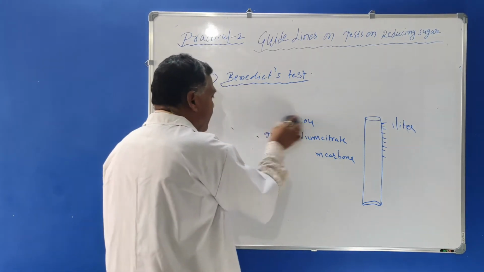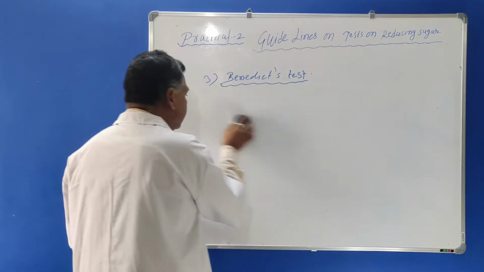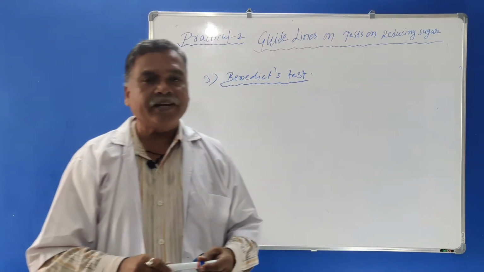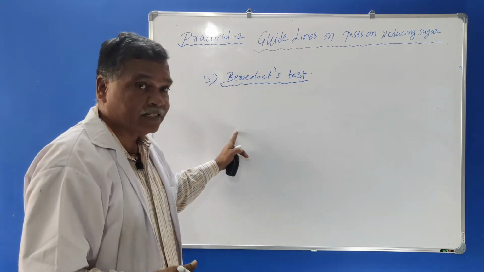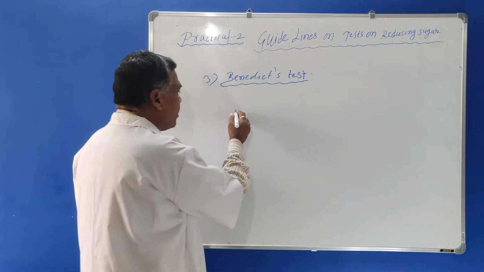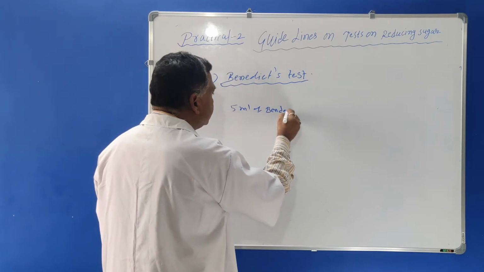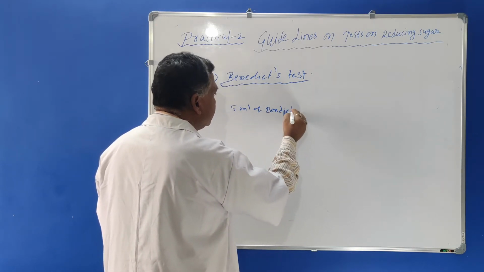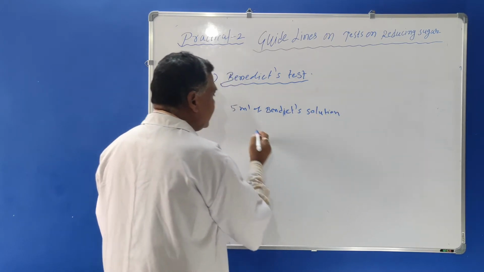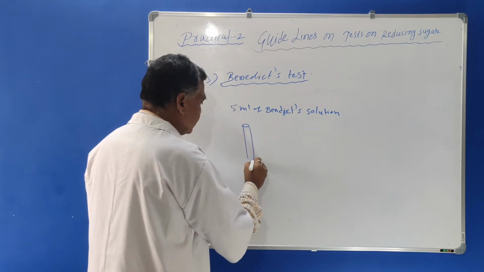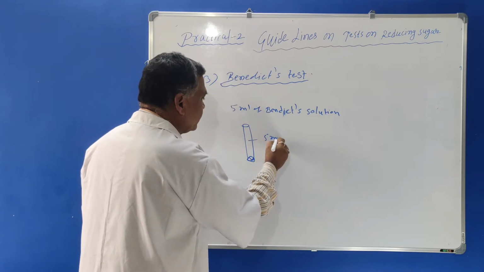Now we'll see the procedure for this. This Benedict test is very important. I already told you, and you must know that this test is done in the laboratory. 5 ml of Benedict solution is taken in a test tube. 5 ml.